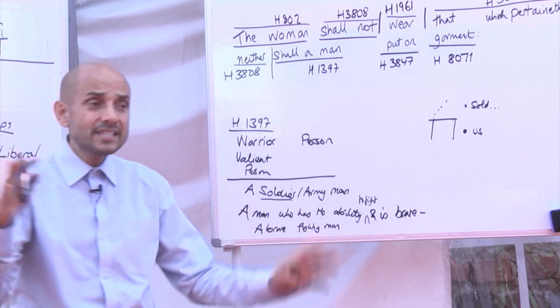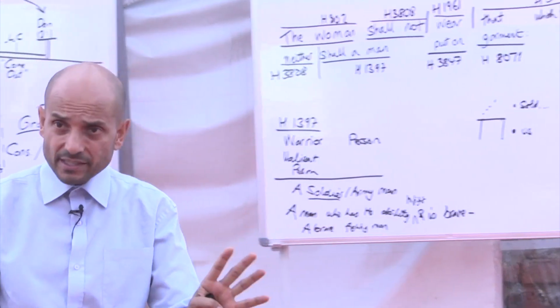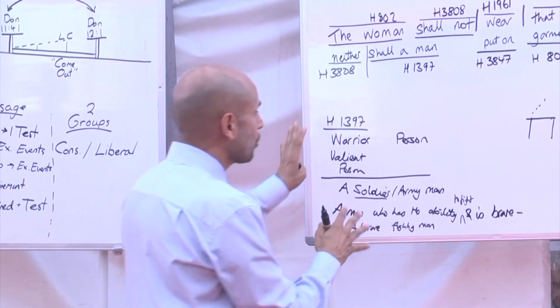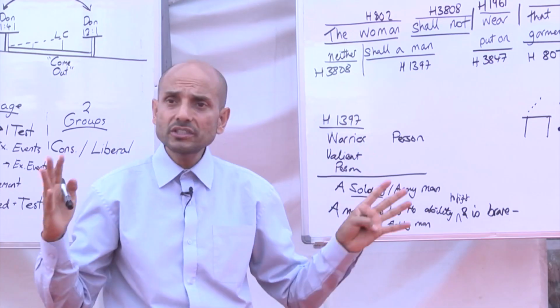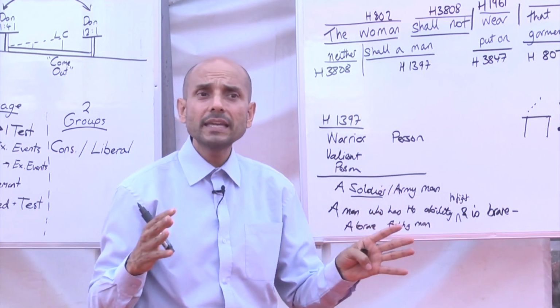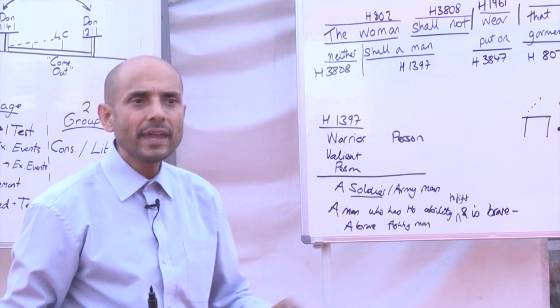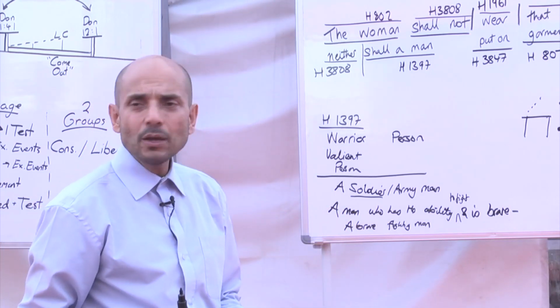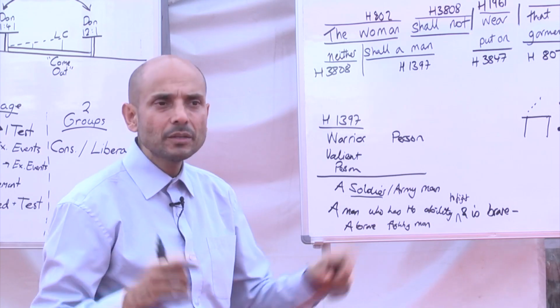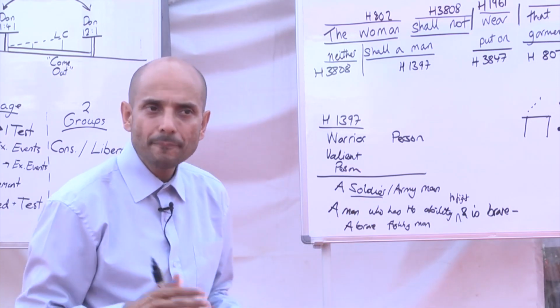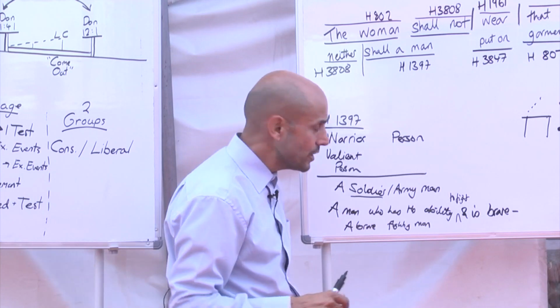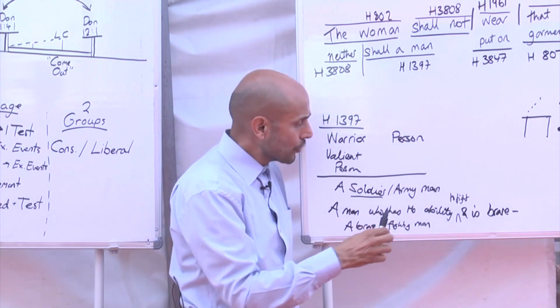As I say, we've cheated. Remember that. We've cheated because we're not just being strict to the word itself. We've looked at the context. But even if you look at the context, what word does it say? Warrior. And anyone can be a warrior. You don't have to be paid. You don't have to be a soldier.